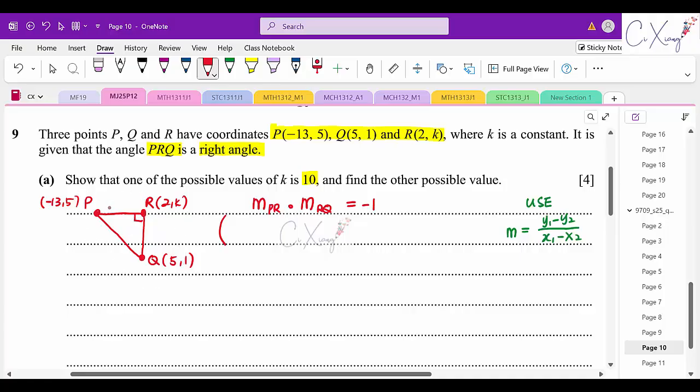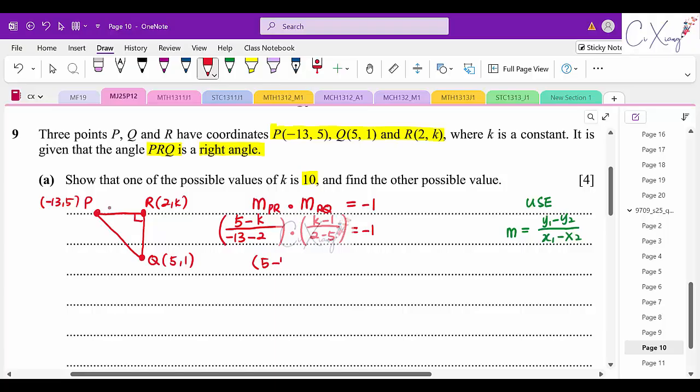So let's try out the PR. For PR, I take y1, which is the P, minus y2, which is the k, divided by x1 minus x2. Then for RQ is the same thing. I take R, y1, k minus 1 divided by 2 minus 5, and equals to -1.